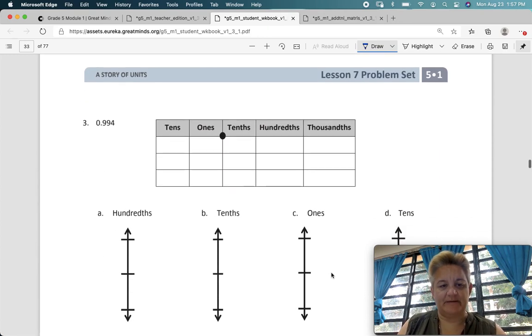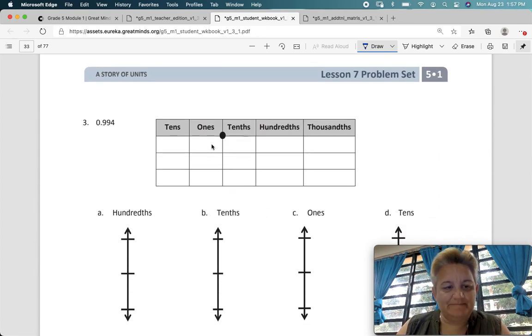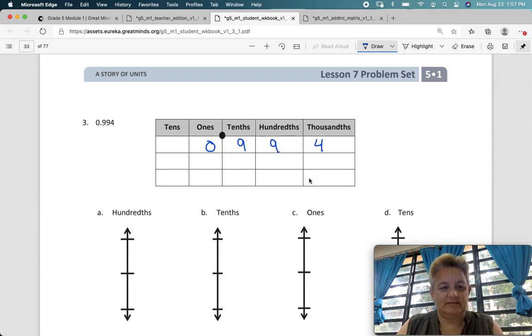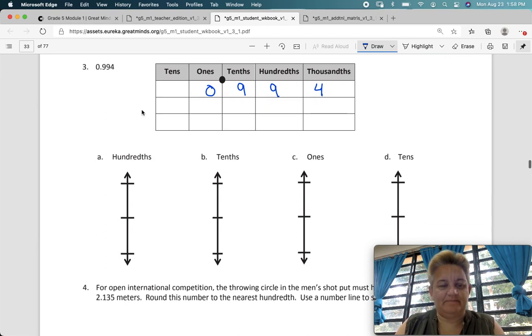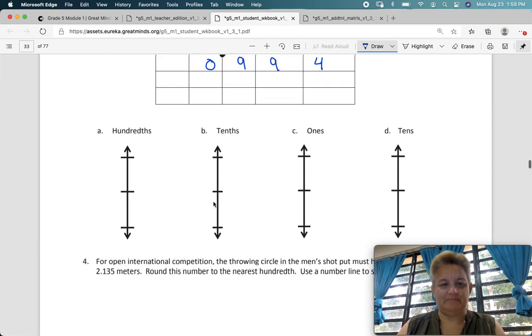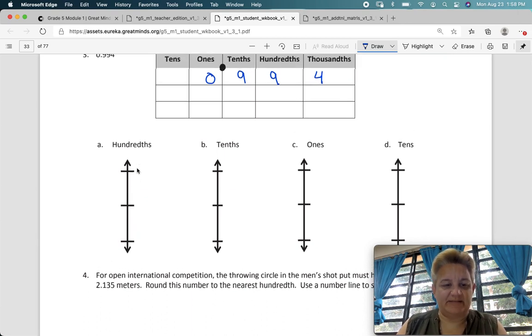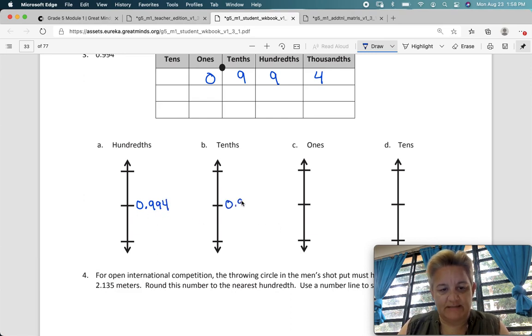Okay, number 3. So we've got 0 ones, 994 thousandths. And below us, they've given us our vertical chart, and they want us to go to hundredths. Okay, so here's my number in the middle, 994. That's my middle number, so I can write it all the way across.